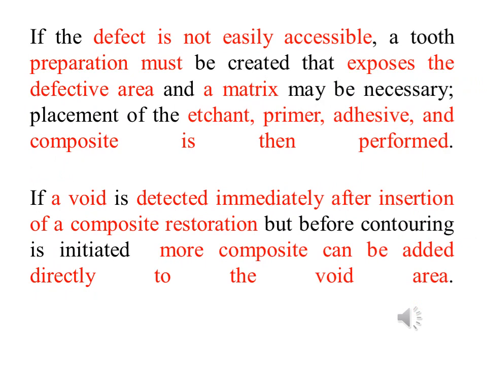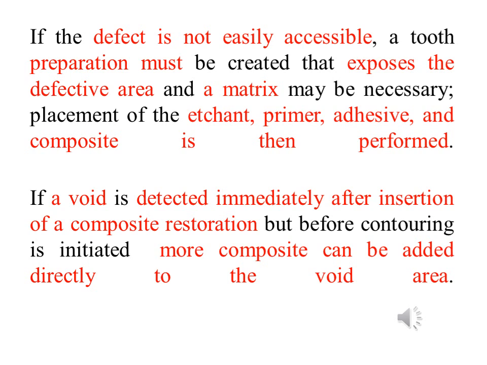But if the defect is not easily accessible, a tooth preparation must be created that exposes the defective area, and a matrix band may be necessary. Then comes placement of the etchant, priming, adhesive, and then placement of the composite restoration.